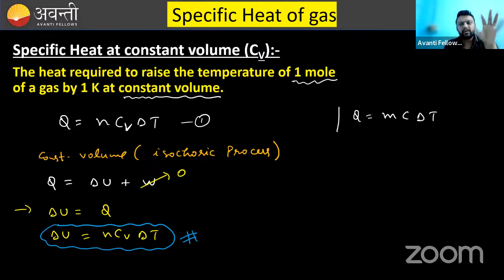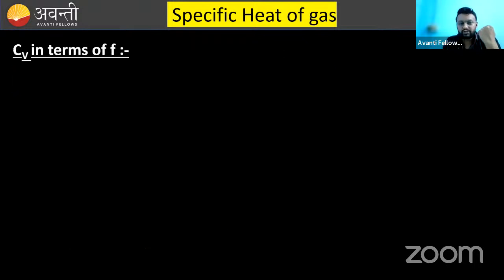Now, the two important conditions: specific heat at constant volume. The first condition is when we are dealing with constant volume and the gas is being heated. In that situation, we have found that delta U is equal to N CV delta T. You can relate or reform this equation.